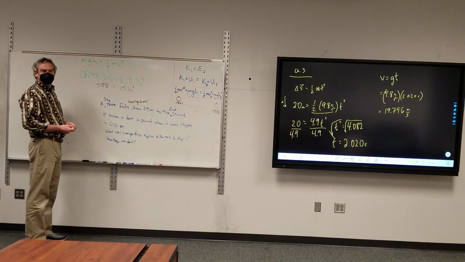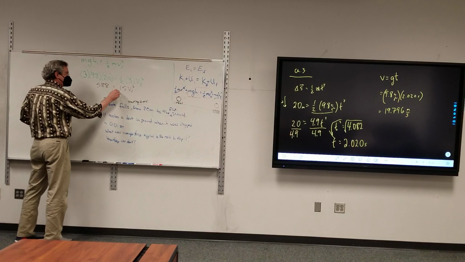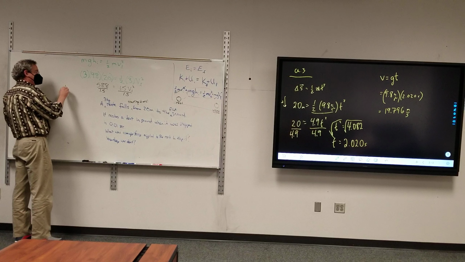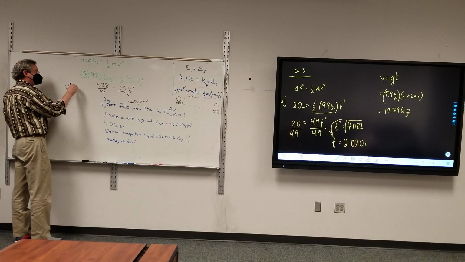Say it again? 392. All right, so you divide by 1.5, I assume. Yes. So we have VF squared equals 392.